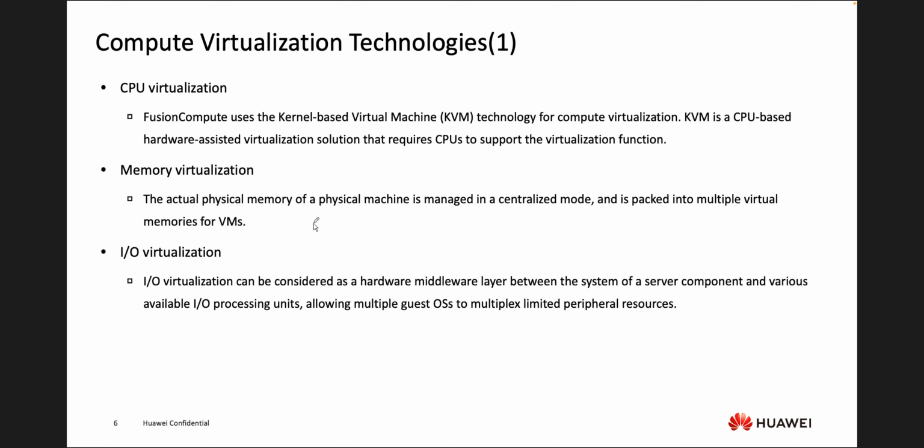So when we look at the key things, you have your CPU virtualization that we just explained now, but we can also see that Fusion Compute uses KVM, and that was the technology we mentioned, the kernel-based virtual machine, for the compute virtualization. That's for the CPU. And then the KVM is a CPU-based hardware-assisted virtualization.